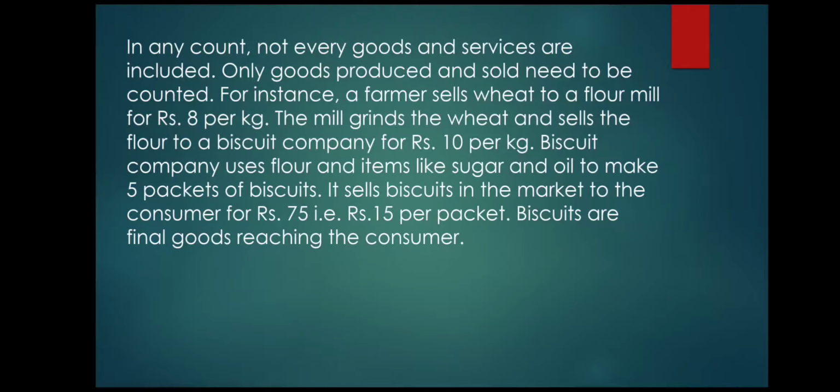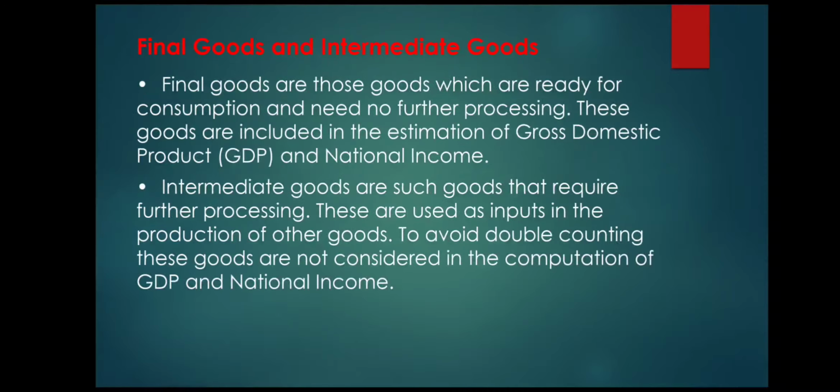So there is this term, final goods. We need to understand what are final goods and what are intermediate goods. Final goods are those goods which are ready for consumption and need no further processing.